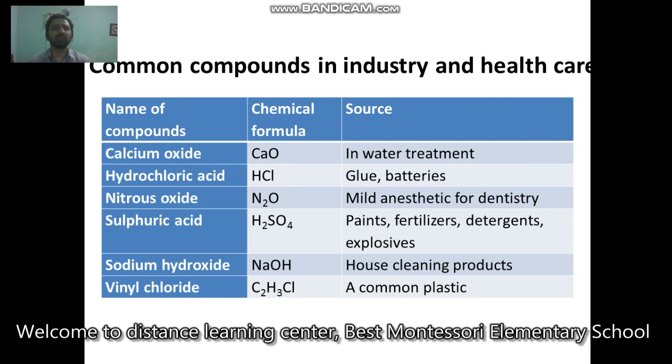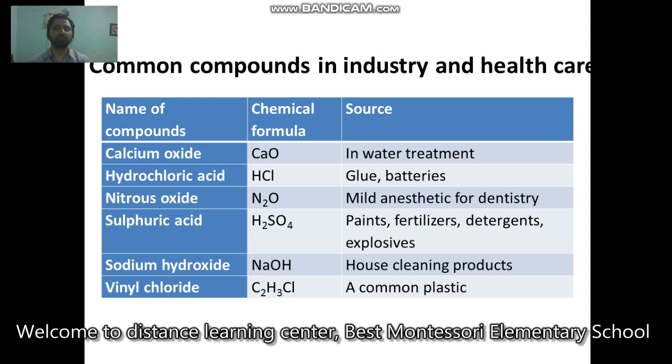Now the chemical compounds that are found in industries and healthcare. Calcium oxide, CaO, is used in water treatment. Hydrochloric acid, HCl, is used in batteries, glues. Nitrous oxide, N2O, is used in mild anesthesia, used by dentists in dentistry.